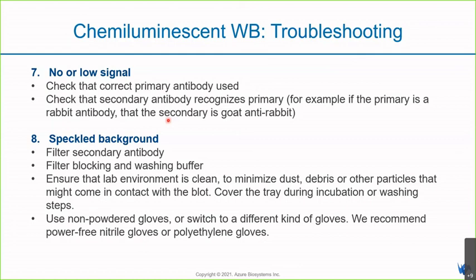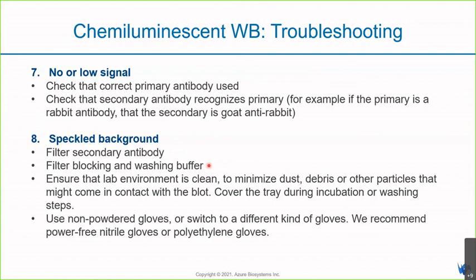Okay, right. Speckled background. This is the image and you'll see a lot of unknown speckled dots on your blot. What you can do is filter the secondary antibodies because they might contain debris. Then also filter your blocking or wash buffer.